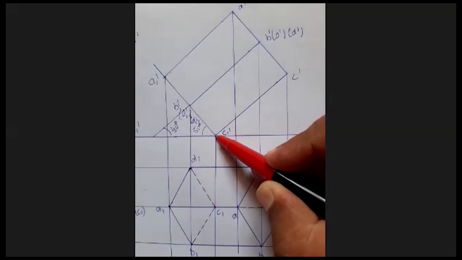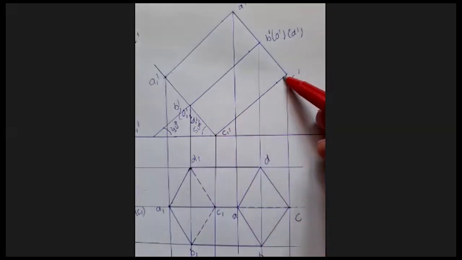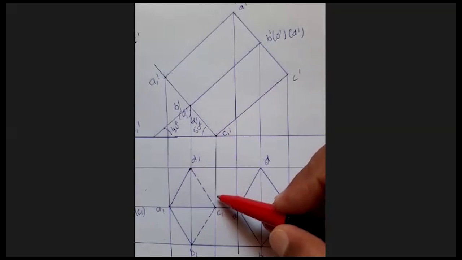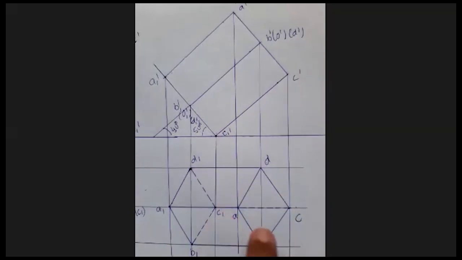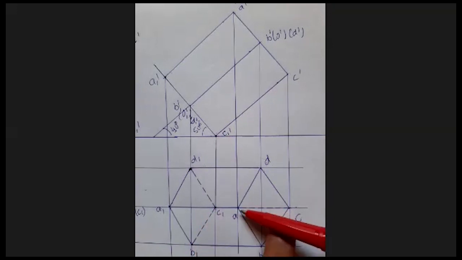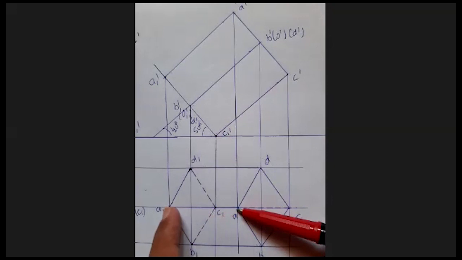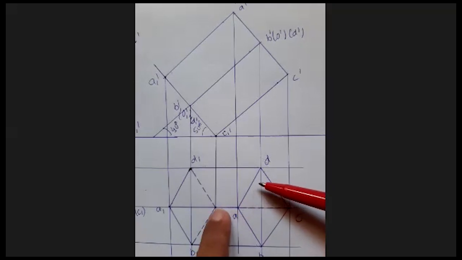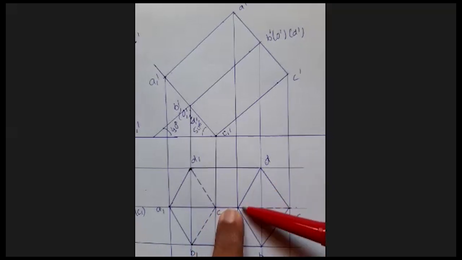Whatever I get, it is C1 dash to C. It is nothing but C1 to C when I see it in the top view, which will be dotted. But here I have already drawn A to A1, so my dotted line is merging with the solid line here. So it will not be dotted in this portion, but in this portion it will be dotted.